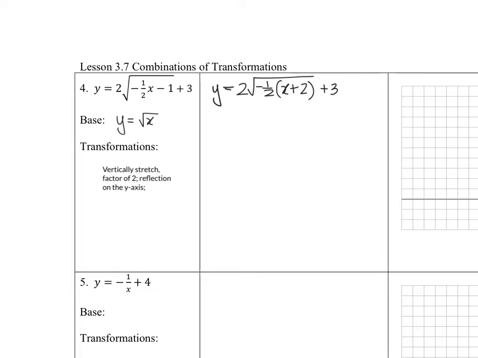We have a horizontal stretch by a factor of 2 again. And then we have translation 2 units left and 3 units up.